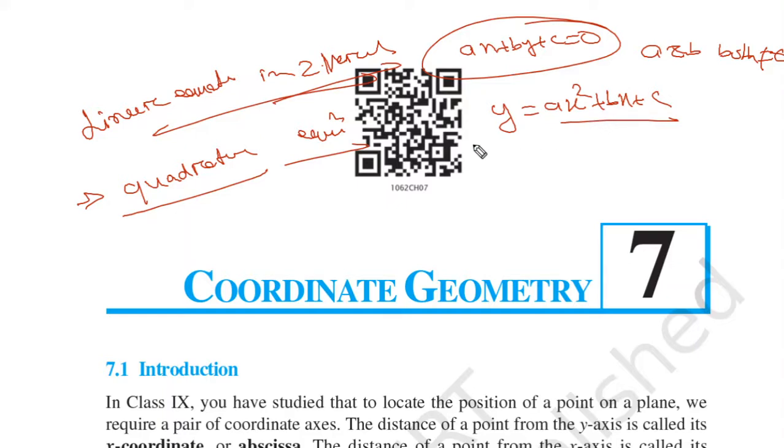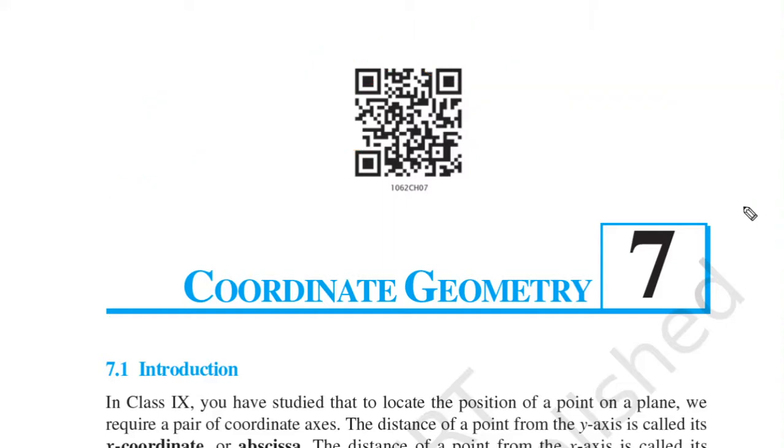In this chapter we are going to discuss three main points. The first one is the distance between 2 points where coordinates are given. In a graph we can find the distance between 2 points, but the coordinates will be given.